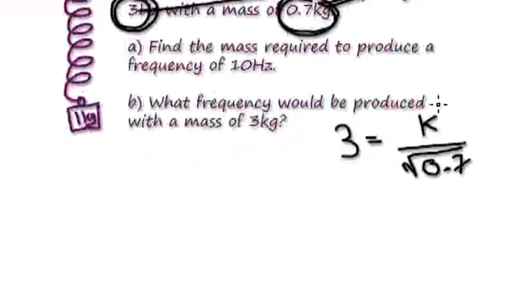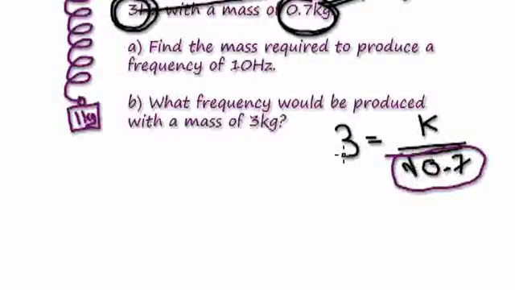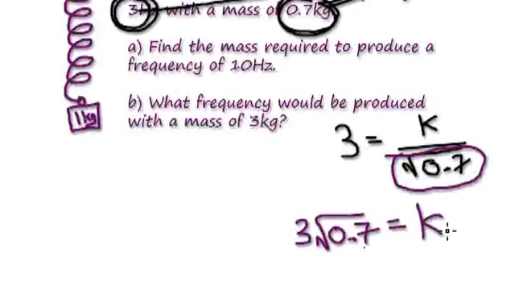Now it's just a matter of working out k. So I'm just going to imagine this root as being in a bubble, and times this bubble to both sides. So you have 3 times root 0.7, and that will give you the value of k.